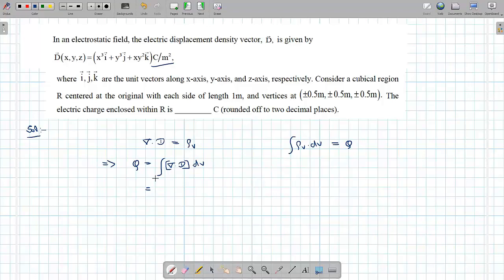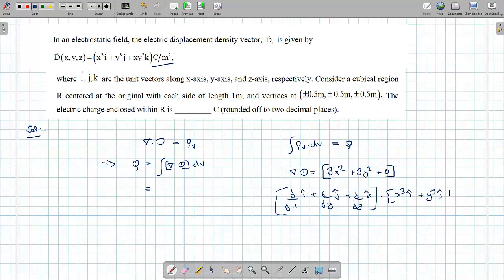Now we have to find the divergence of D. Del dot D is nothing but the divergence of this: del over del x, i cap, plus del over del y, j cap, plus del over del z, k cap, dot product with x cube i cap plus y cube j cap plus x y square k cap.